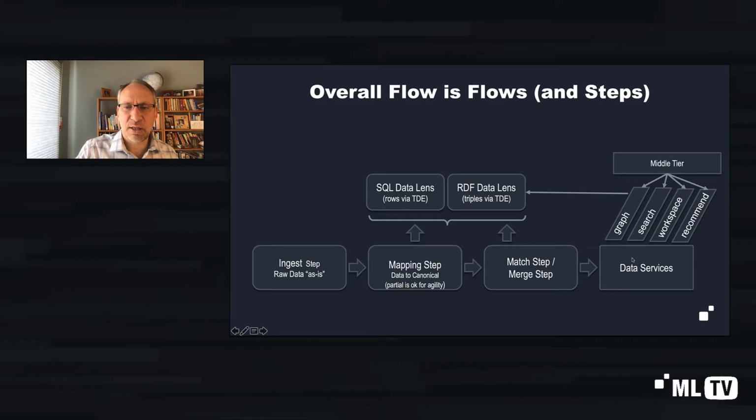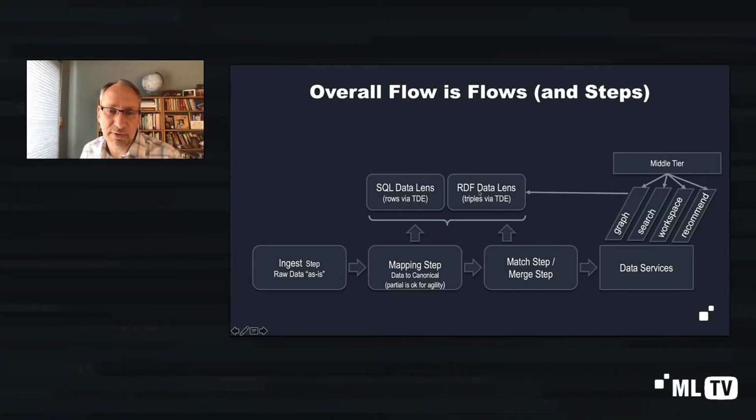One interesting thing to note, most of these, search and workspace, are accessing the mapped and mastered data, so the documents. But the graph and recommendation endpoints are accessing the data that's been projected into RDF using template-driven extraction. So we have the cappuccino model, right?